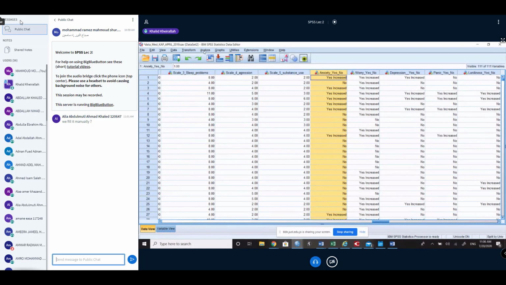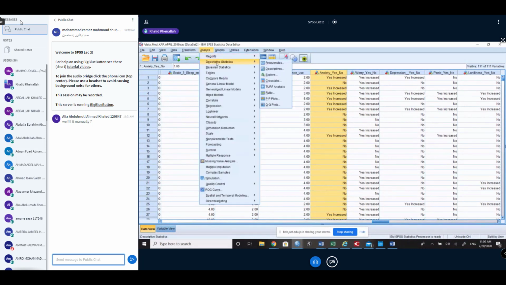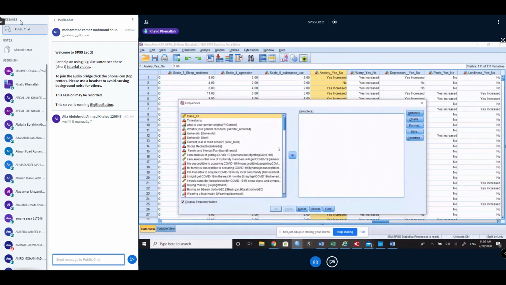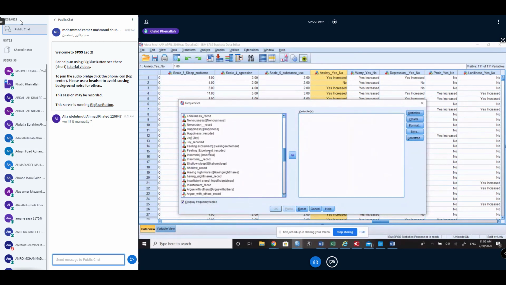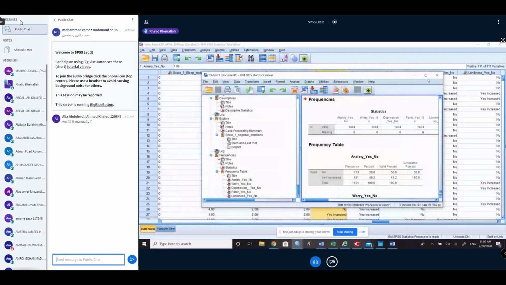So we go to Analyze, Descriptive Statistics, Frequencies. We hit reset. Go all the way down and see these questions with yes and no. Anxiety, worry, depression, panic, loneliness. Let's pick some of these and hit OK.